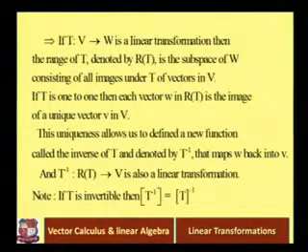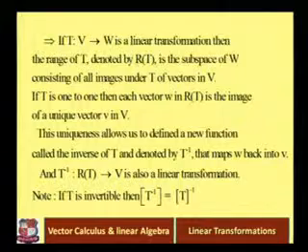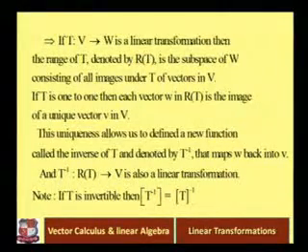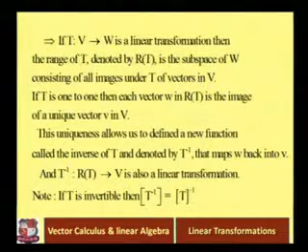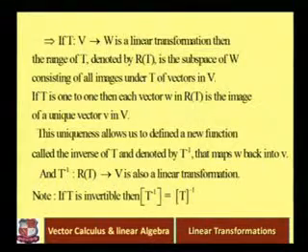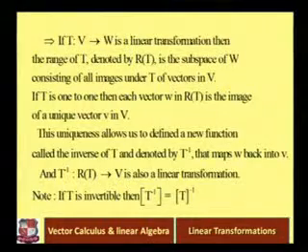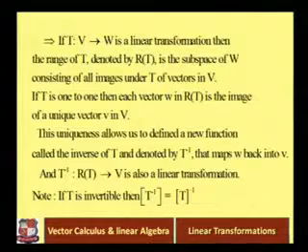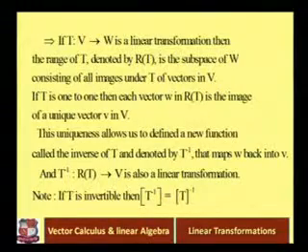And to become a function, every vector in the domain has a unique image in the codomain. So if T is not 1-1, in that case we cannot define a function from the codomain to the domain. So 1-1ness is very useful here to become an inverse linear transformation, to become a function.